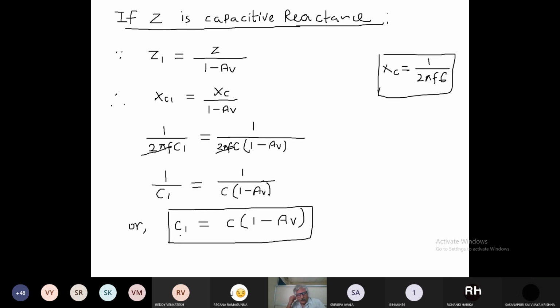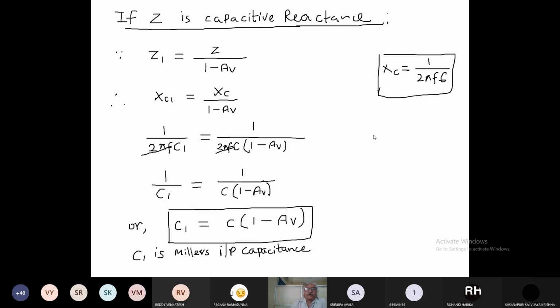Okay? So here C1 is Miller's input capacitance. Right.